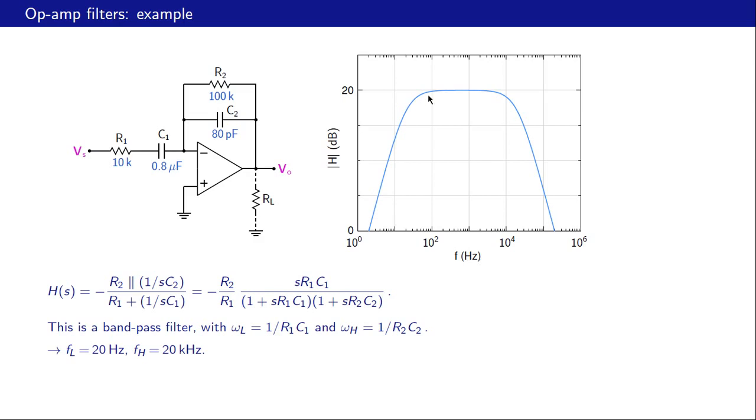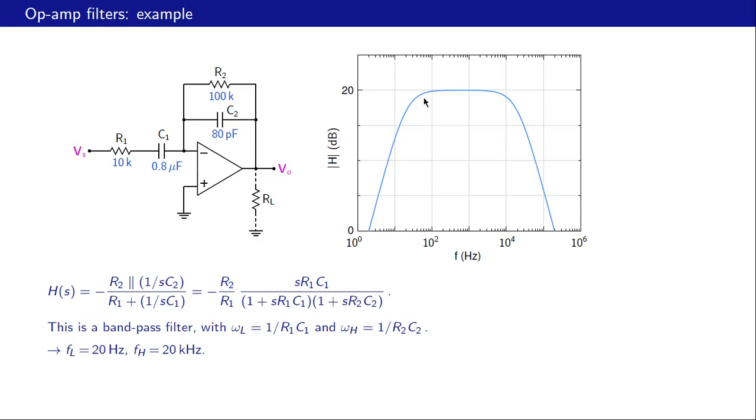That is our pass band, and our FL is given by the intersection of this asymptote and that asymptote. So that should be something like 20 Hertz. This is 1 Hertz, 10 Hertz, 20 Hertz is here. So that is where these two asymptotes should intersect.